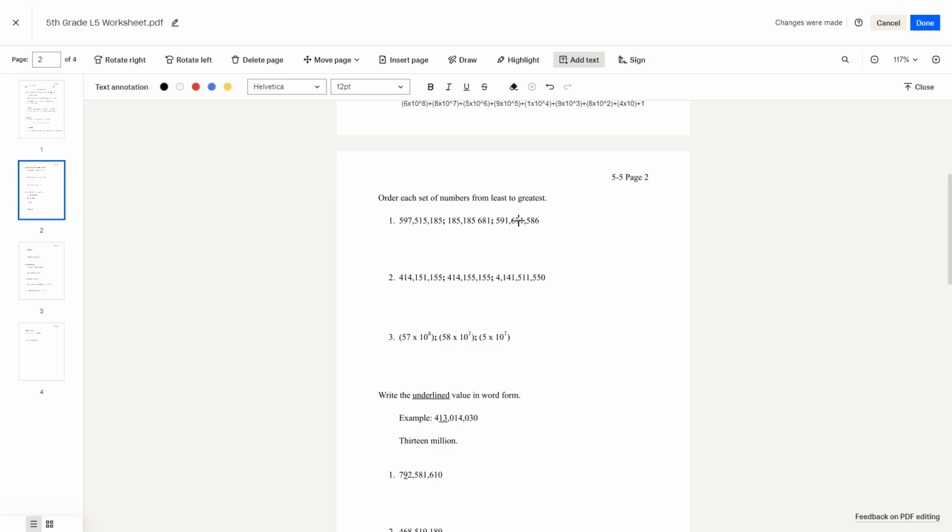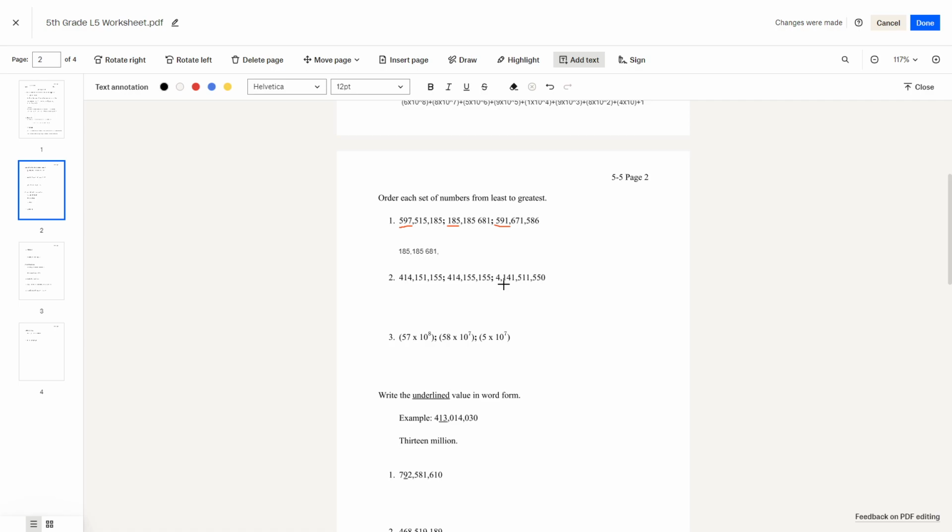Page number 2. Order each set of numbers from least to greatest. The easiest way to do ordering sets is to look at the largest number of each here, 597,000,000, 185,000,000, and 591,000,000. We can easily tell that 185 is the smallest number because it has the smallest largest number. 185,681 is the smallest number.